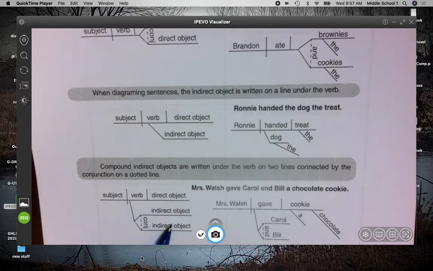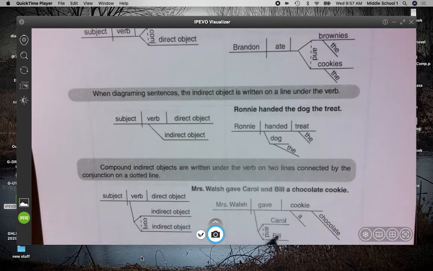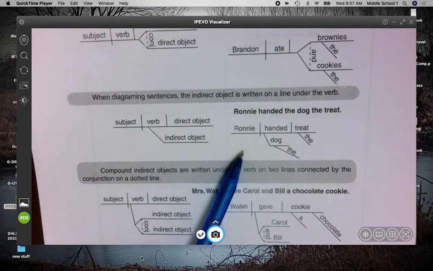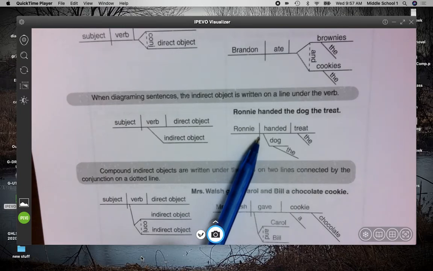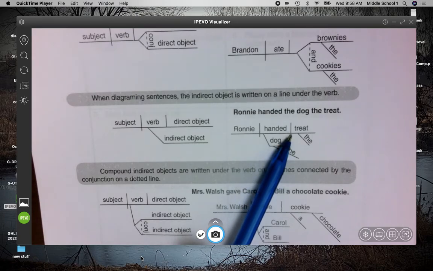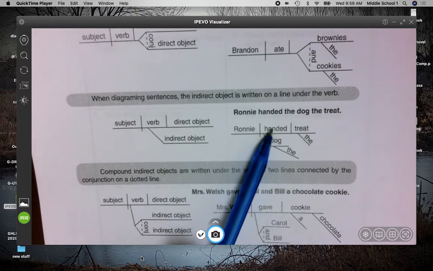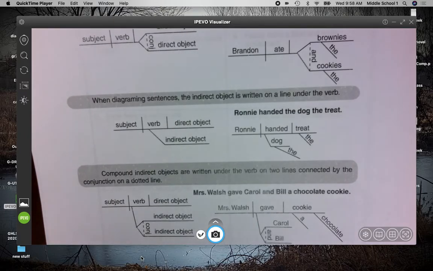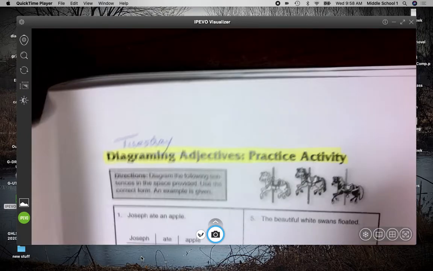I can have a compound indirect object, like these last two examples on the bottom of the page, or it can be a single indirect object. Again, noticing that the line separating the subject and the predicate goes through, and the line for the direct object is only up to this main sentence line. And on the main sentence line, you will note there are never more than 3 of these spaces, 3 of those compartments that are going to be filled up.